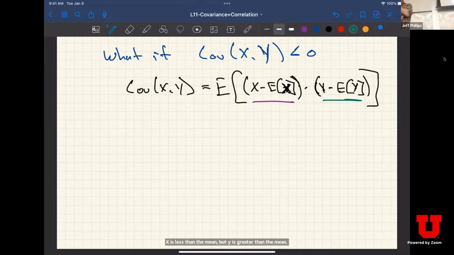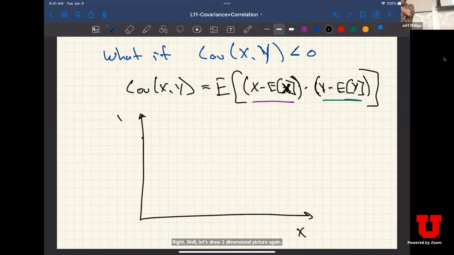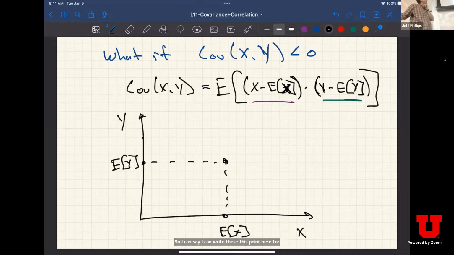All right, let's draw a two-dimensional picture again. This is x, this is y. This is expected value of x, somewhere on here. Let me just choose a value for expected value of y.